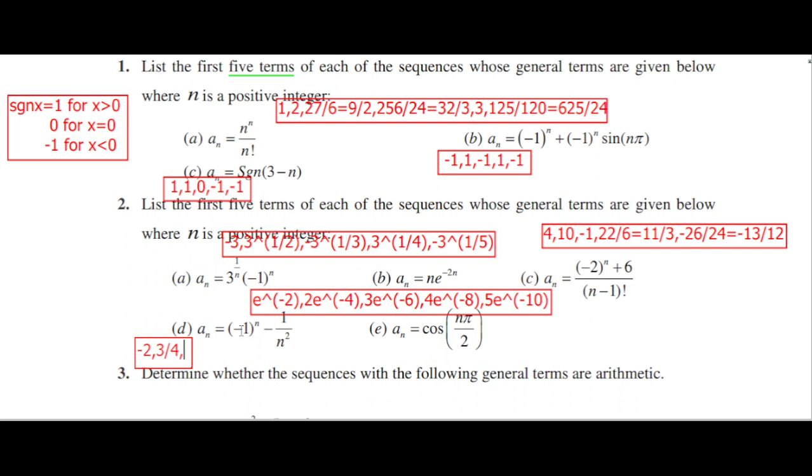Let's substitute 3: this is minus, 1 over 3 squared, 9, minus 1, so minus 10 over 9, comma. The fourth term is positive: 1 minus 1 over 4 squared, 16, so 15 over 16.